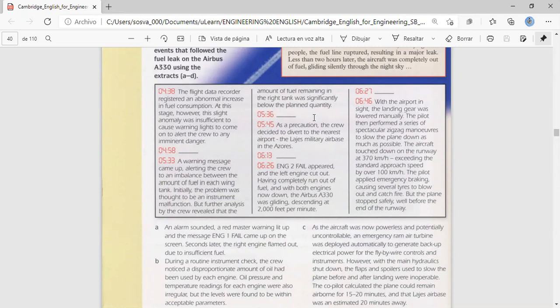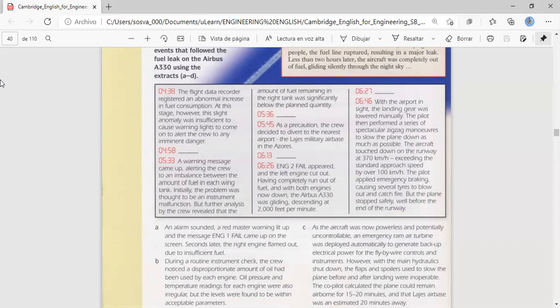Then at 4:58, paragraph B. During a routine instrument check, the crew noticed a disproportionate amount of oil had been used by each engine. Oil pressure and temperature readings for each engine were also irregular, but the levels were found to be within acceptable parameters.